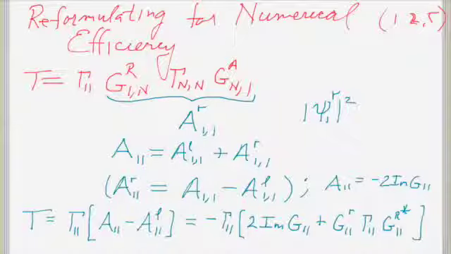If they were block matrices, then it's equal to i times (G^R_11 minus G^R_11 dagger). But again, you only need the 1,1 block. That's the important point. You only need the 1,1 block of everything if you're dealing with block matrices. And there are some very efficient algorithms out there to just get the corner block of an inverse and nothing else.